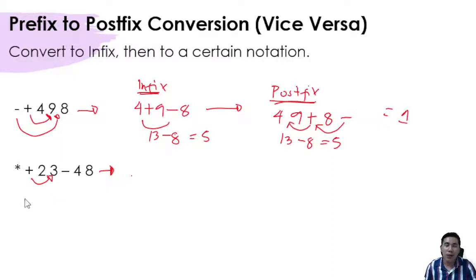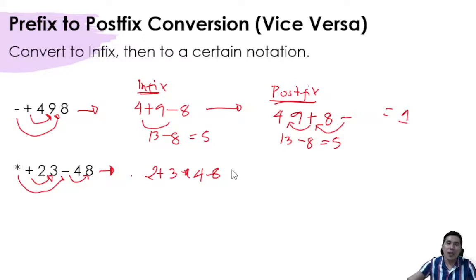So two operands and an operator. You have here 2 plus 3, and then the next operator follows the operands 4 and 8. So we have 4 minus 8, and then the next operator is multiplication.